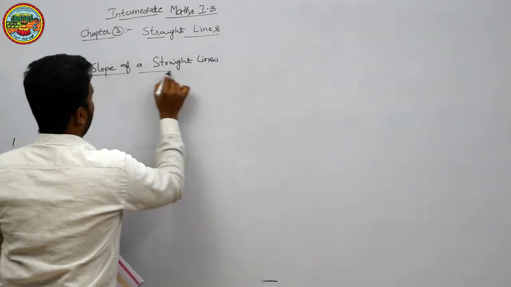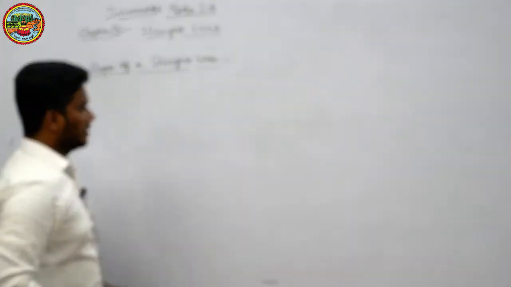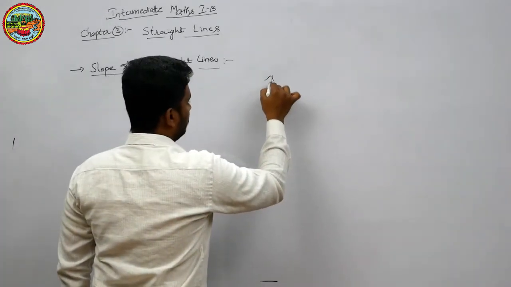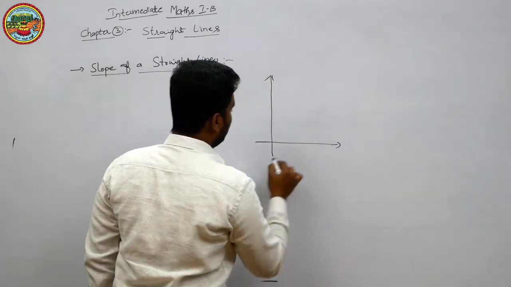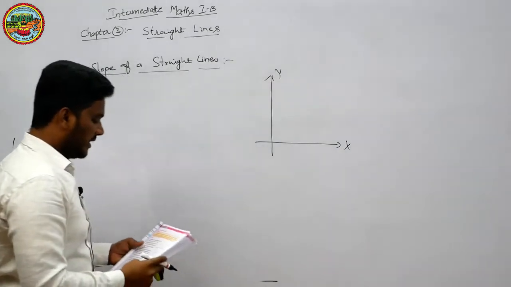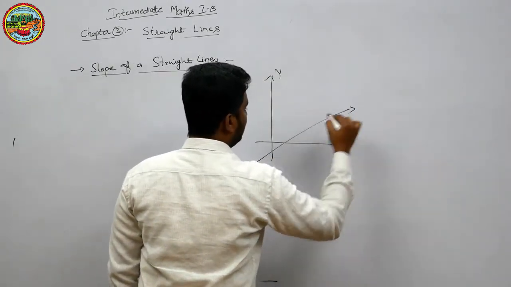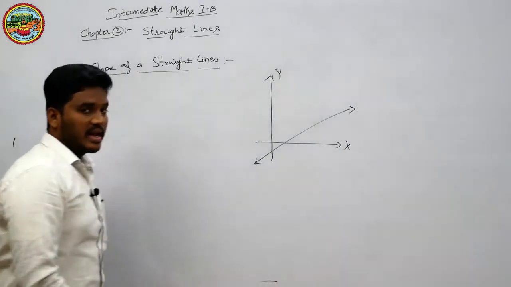So this is the most important concept. In a plane we have x-axis and y-axis like this. If we draw one line like this, it makes an angle.